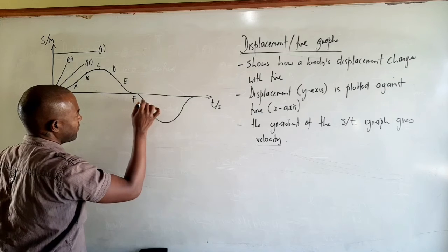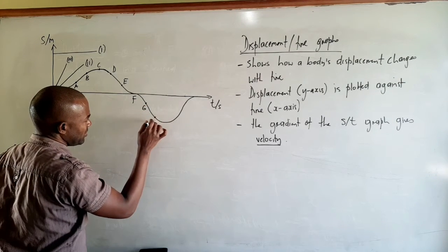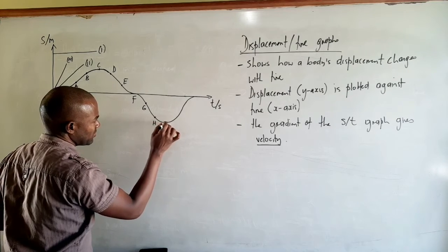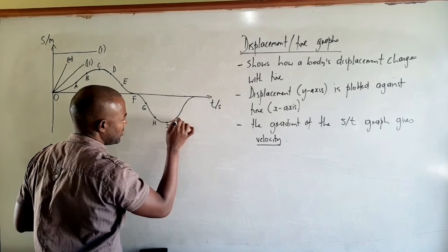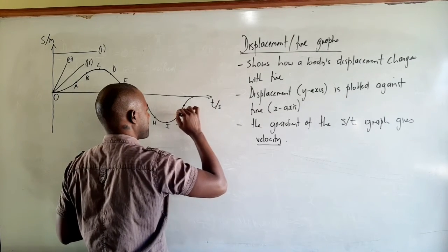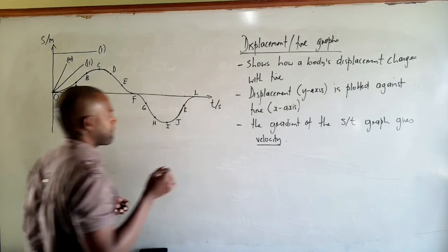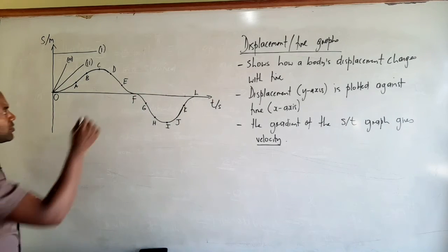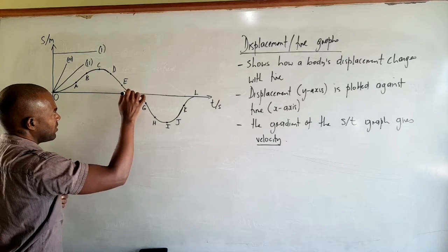So this is F, let this be G, this be H, this be I, J, K, and L. Good. So we'll examine our displacement time graphs like that.